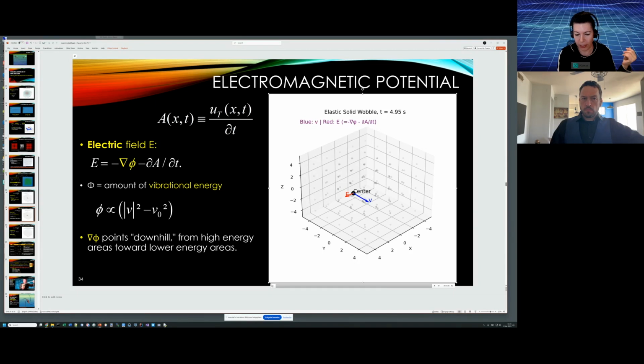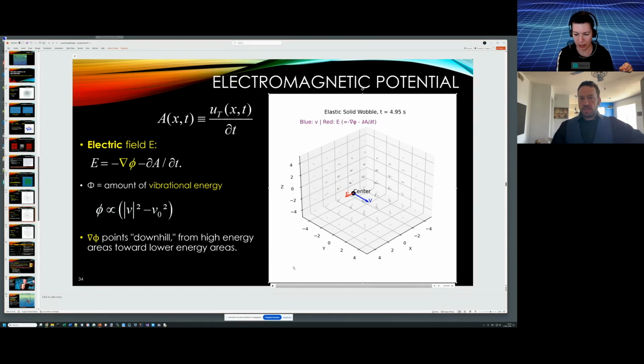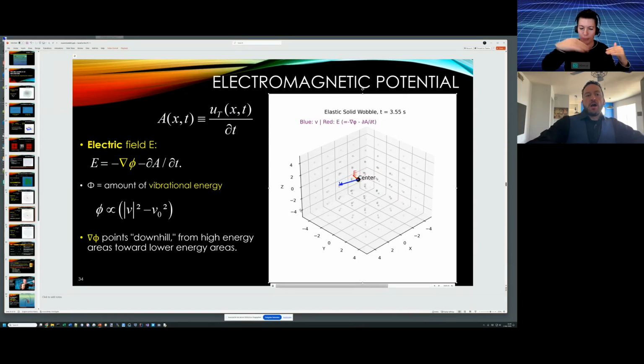And we define E as the gradient of this. So the gradient, well, how much do we go from lots of wobble to less wobble? Can you imagine that? So we have more wobble on the inside and less on the outside. That's the gradient, and that's what we call E. So it points downhill from high energy towards lower energy areas.